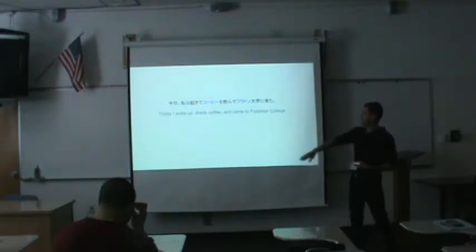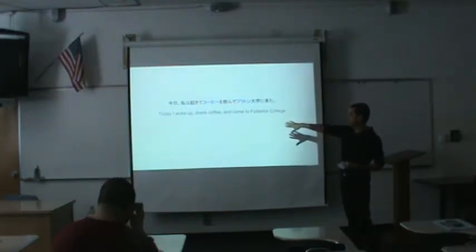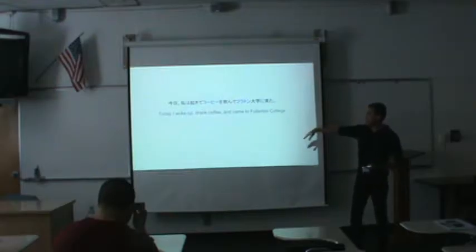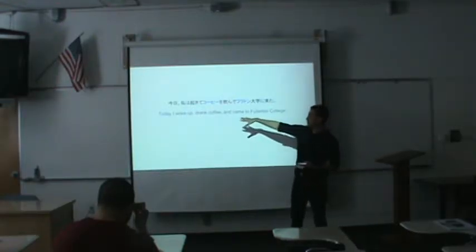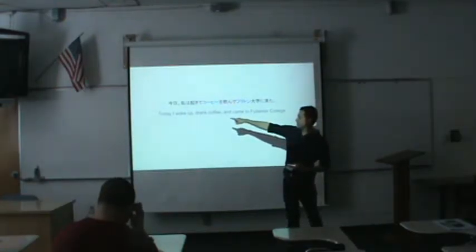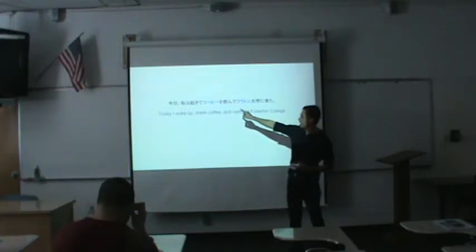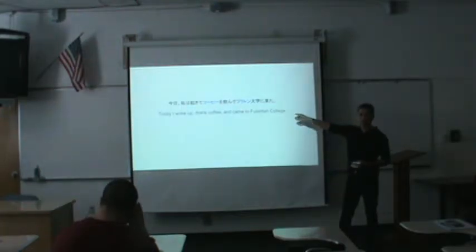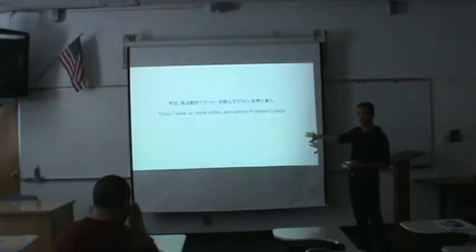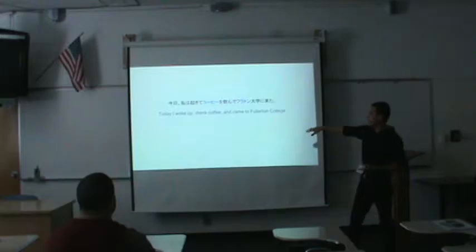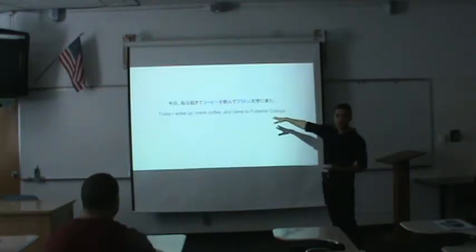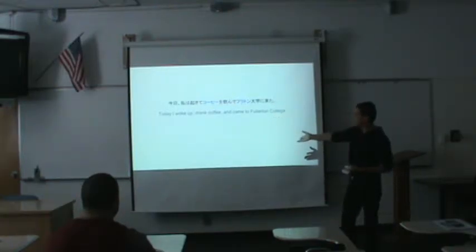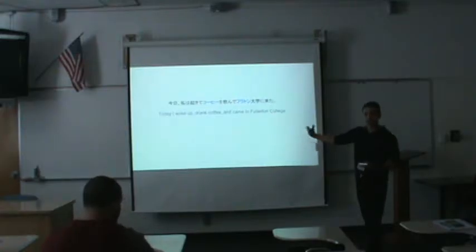This sentence reads, today I woke up, drank coffee, and came to Fullerton College. The words represented in black are the kanji. So today, woke up, drink, college, and came are all in black. Coffee and Fullerton are represented by the katakana because they're foreign words that were introduced later.